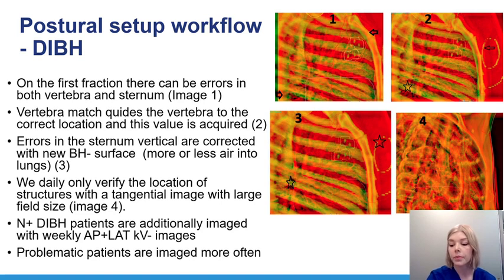And overall position is verified with weekly orthogonal isocenter images, so anterior, posterior, and lateral. And if we have a so-called problematic patient who has difficulties, for example, repeating the breath hold with same form, they're imaged, of course, more often to ensure proper treatment.